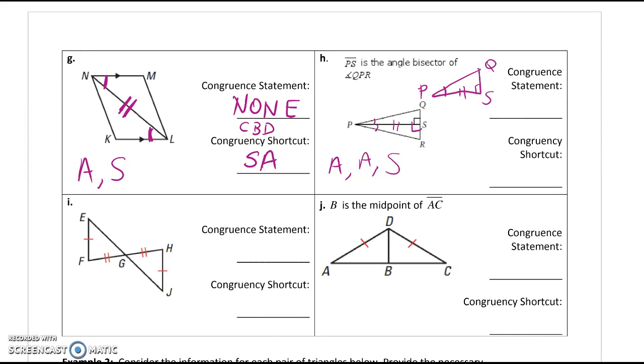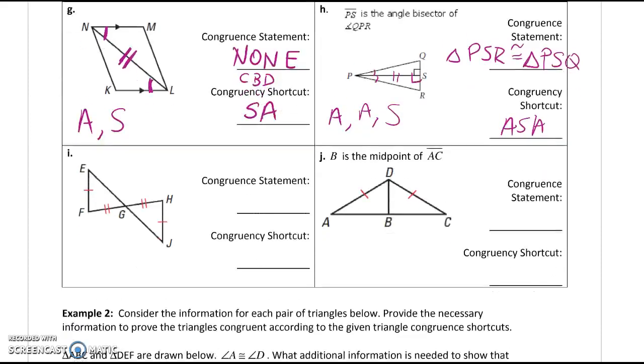It is included. So it's angle, side, angle. That is a valid shortcut. So because it's a valid shortcut, we're going to say that triangle PSR is congruent to triangle PSQ. Next.